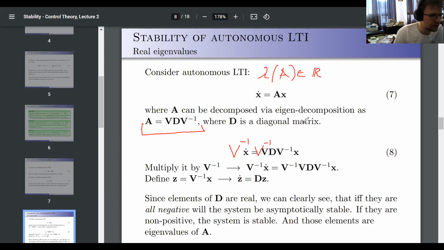How do we know that it's a non-degenerate matrix? Well, because V exists. Since both V and V to the power minus 1, so V inverse, exist simultaneously, that means that they would have to be non-degenerate matrices.